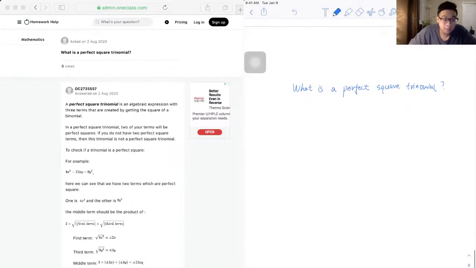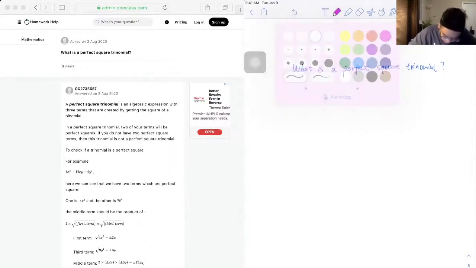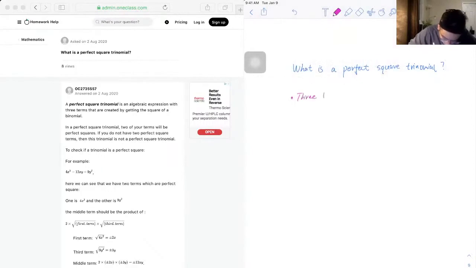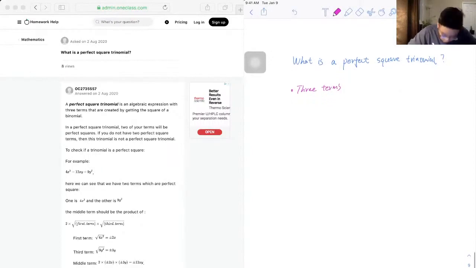So, a perfect square trinomial is an algebraic expression with three terms that are created by getting the square of a binomial.